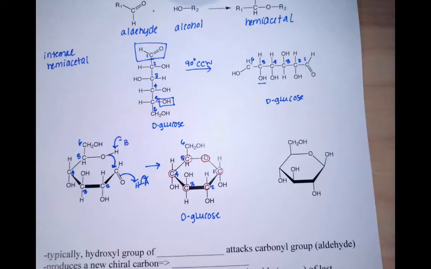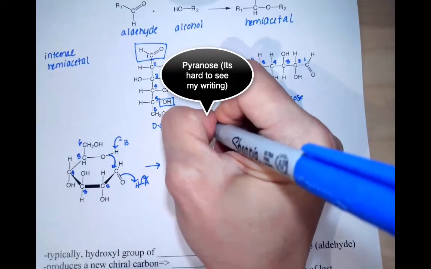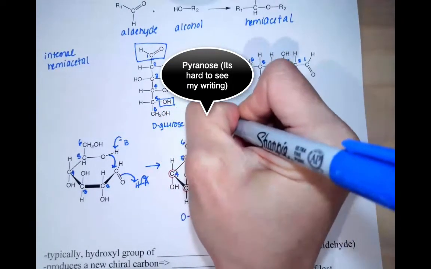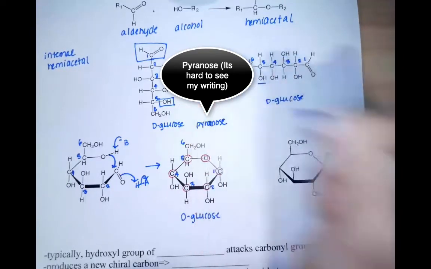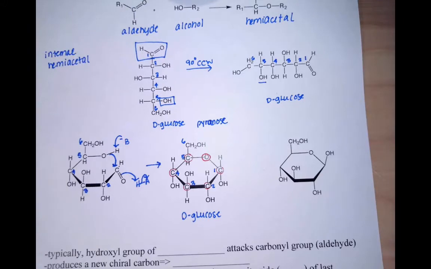So we have 6 atoms in the ring, and that gives us our 6-membered ring. So because it's a 6-membered ring, we call this a pyranose. So this is a 6-membered cyclic sugar.